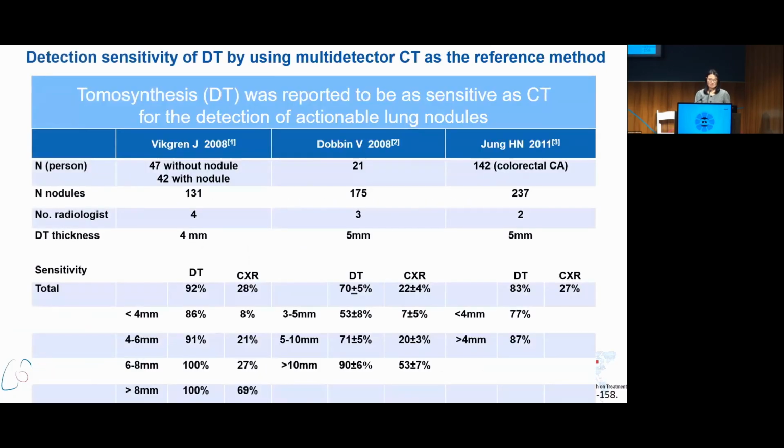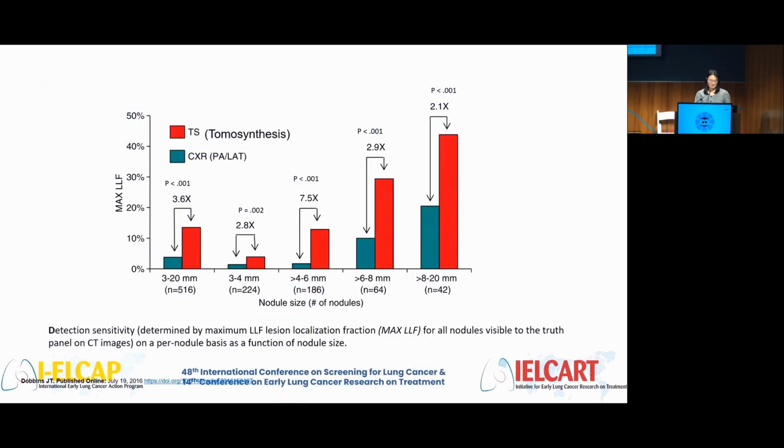And for the accuracy of digital tomosynthesis, the study showed that DT is as sensitive as CT for detecting actionable lung nodules, as it can reach 100% sensitivity with nodule size 6 to 8 millimeter, while chest X-ray only 27%. Let's look at the detection sensitivity by maximum LLF.